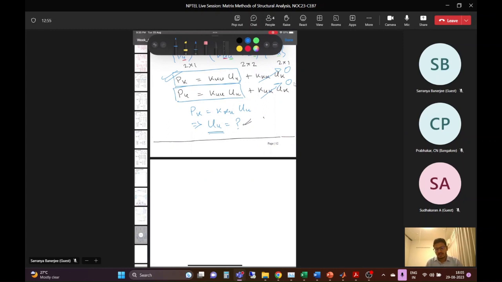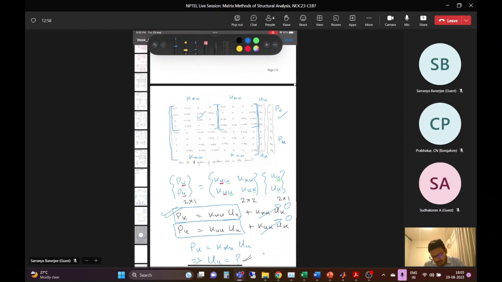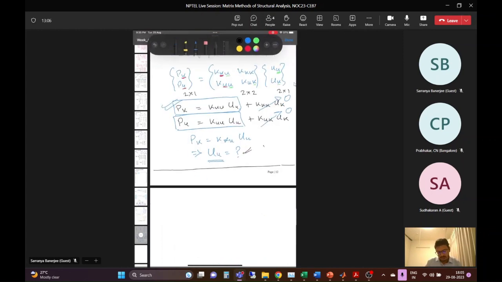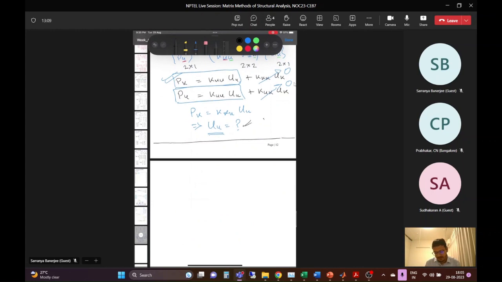So from the last class we have already partitioned the stiffness matrix. We know the known forces, we know the unknown displacements. So now our next task would be to write the equation.